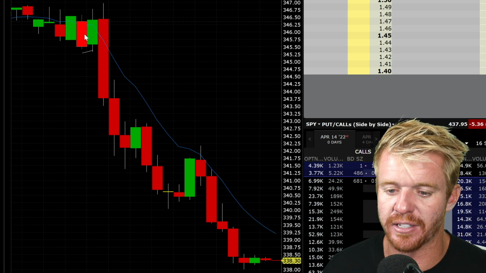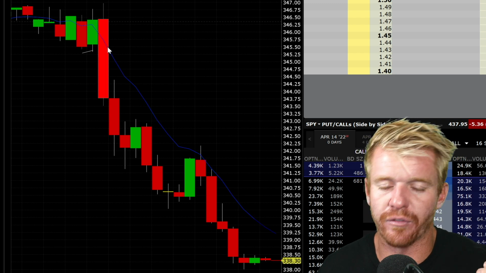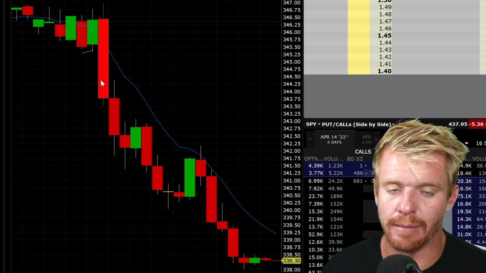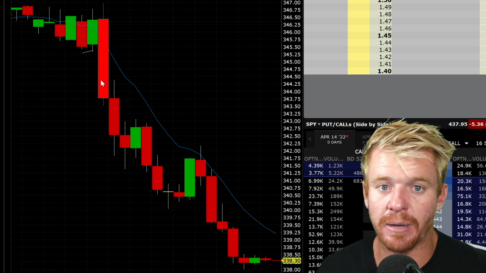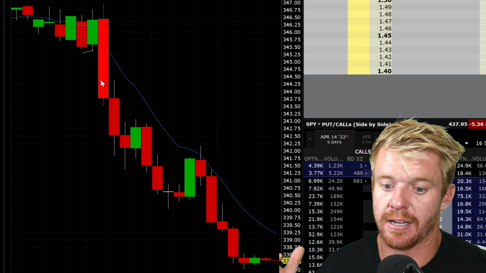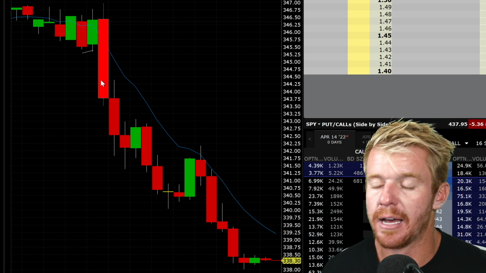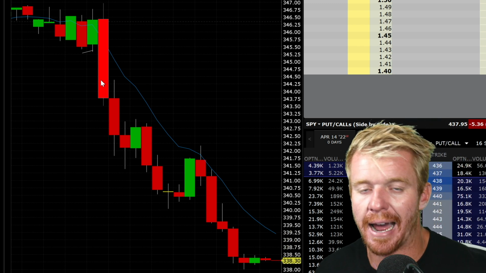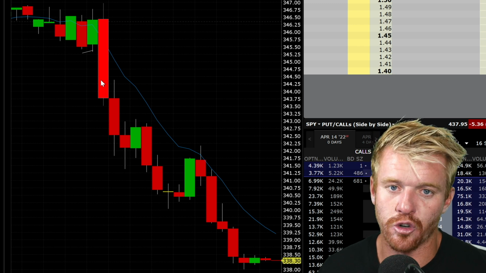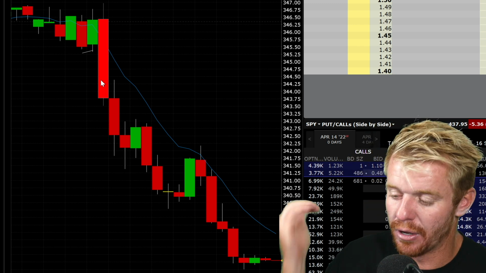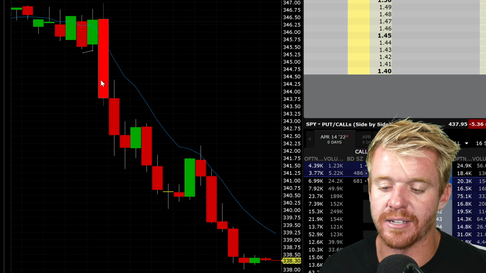If it's consolidating at that 345 area and then that big candle comes in and crashes it down, that's definitely very bearish. I need to be on the bearish side of this trade, looking for opportunities to the downside, not fighting the trend, not trying to buy the dip and ride it back up. So I'm really focused on that as well.